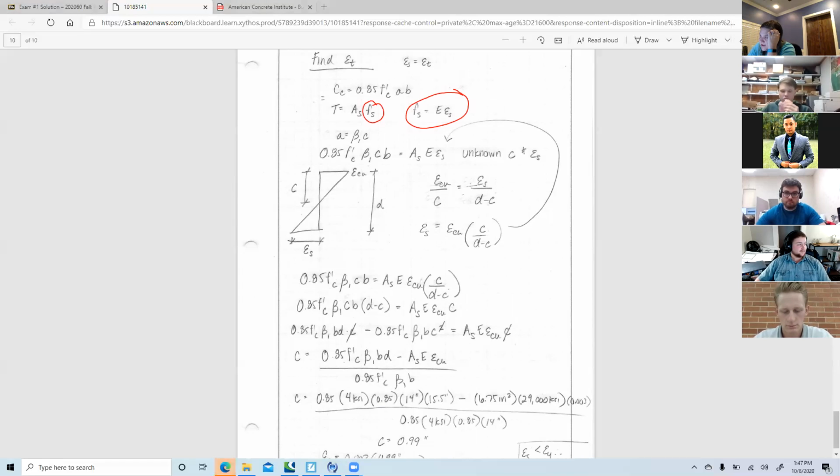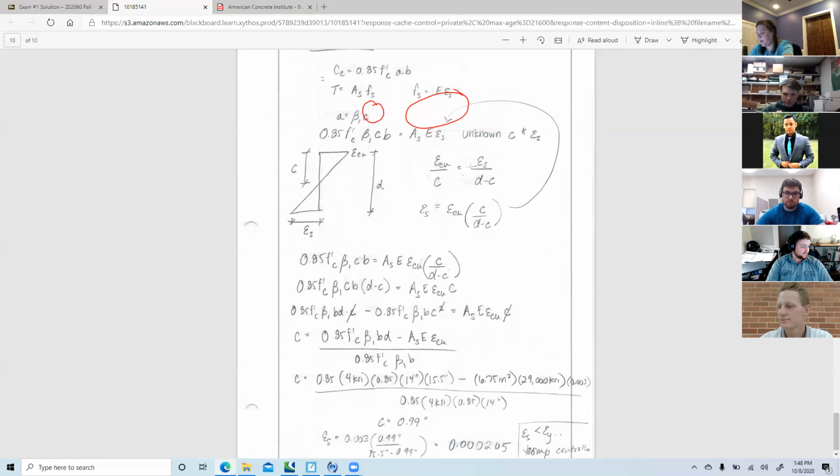And if it hasn't yielded, you can't put Fy. So nobody got that right. Everybody got the 0.006165 or whatever it was.